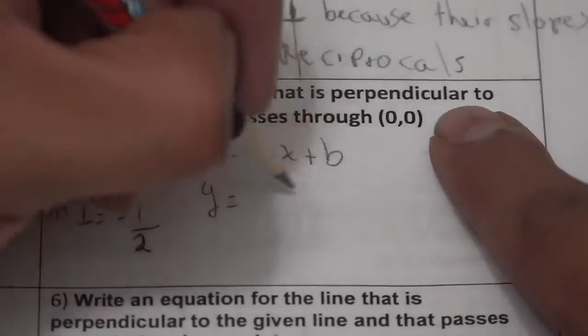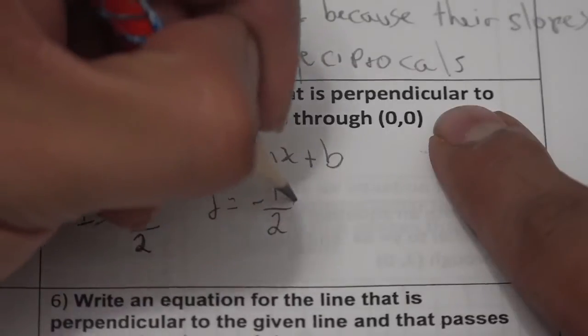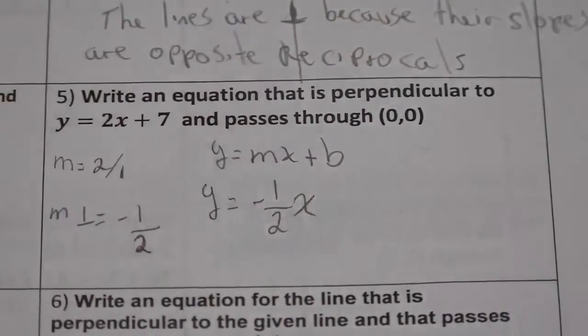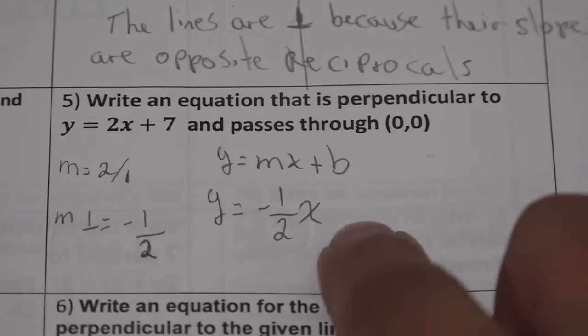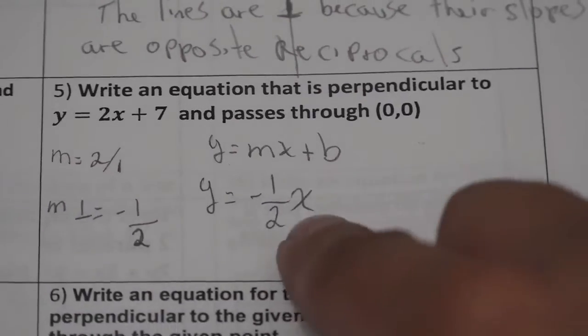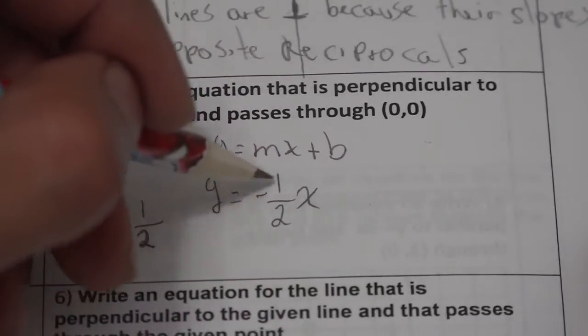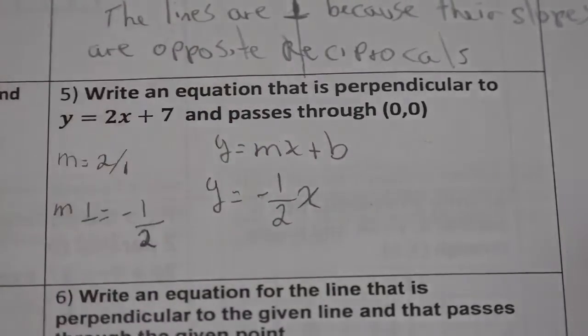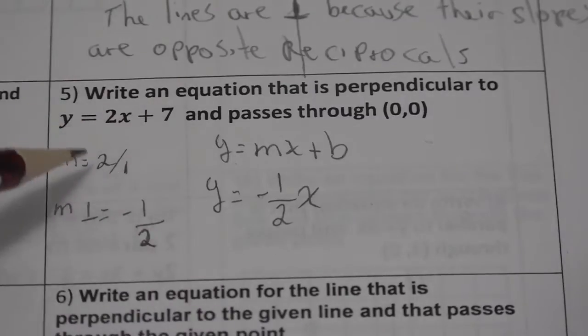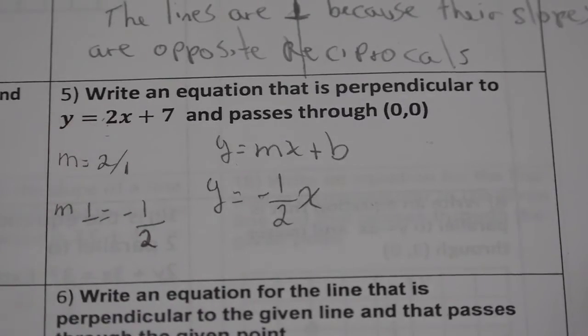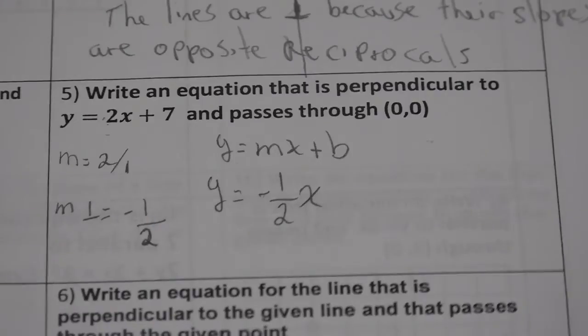So y equals the perpendicular slope, the x, which is always going to be there, and then plus 0, or just leave it like that. Just remember, if you only see the slope right here, that means that the y-intercept is 0. The slope is -1/2, meaning 1 down, 2 to the right. That will create a 90-degree angle with this line right here. Okay? Move on.